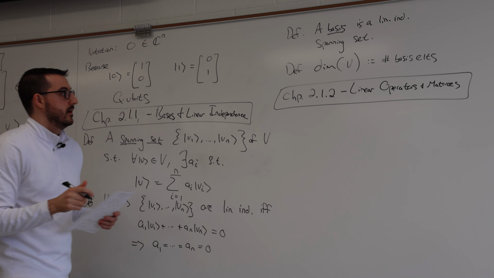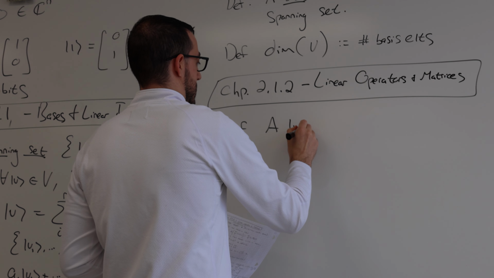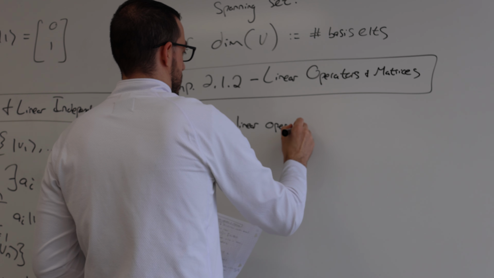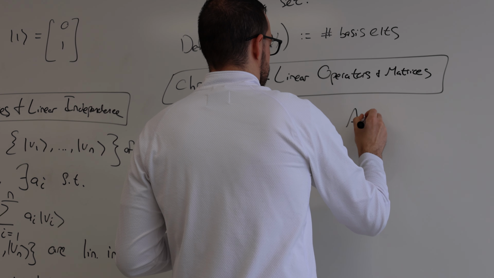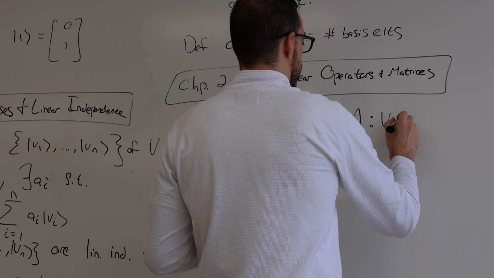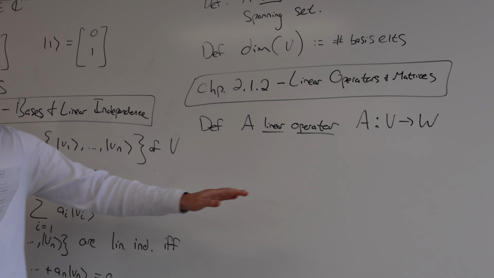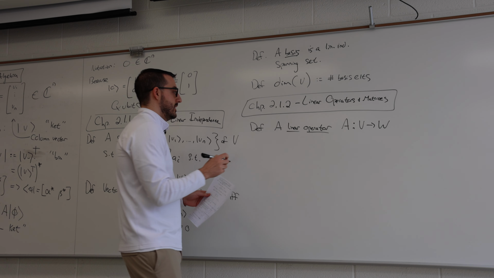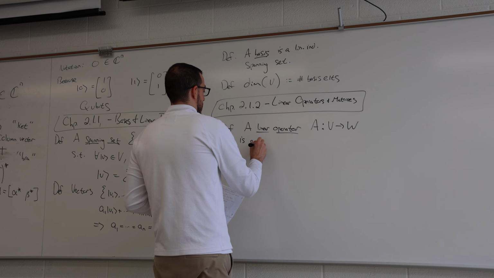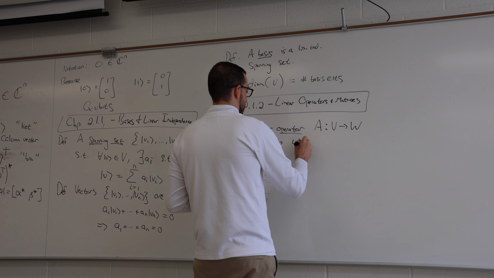So, a linear operator, which I'll denote for now with the symbol A, going between two vector spaces V and W. So A inputs a vector in V, outputs a vector in W, is any map or function, if you will, which is linear.